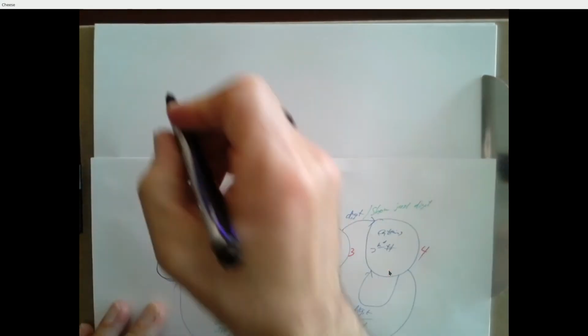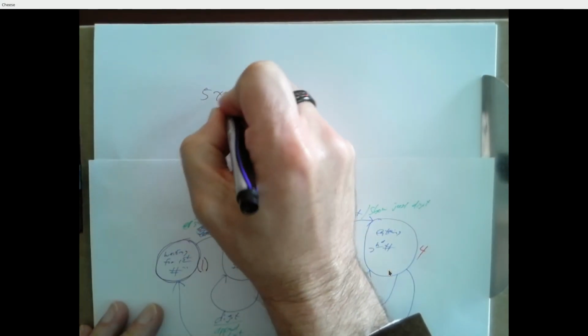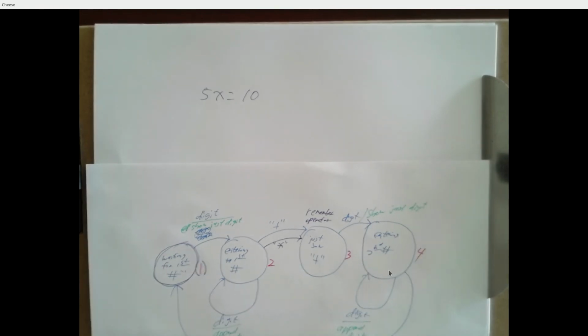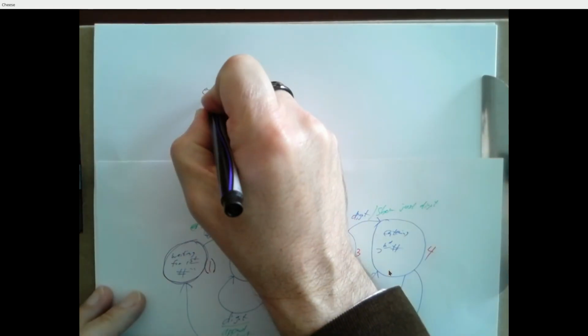So we can write something like 5x equals 10, and you ask a computer to solve that symbolically. How would you do that? Well, we could be nice and throw an operator in, or we could pre-process it and put in missing things like multiplication.